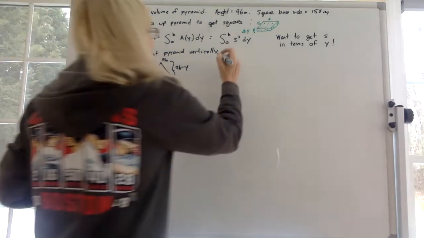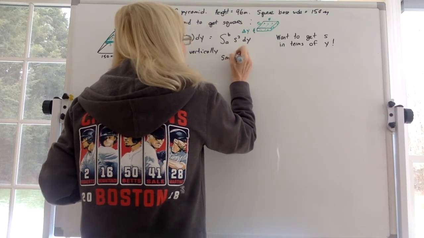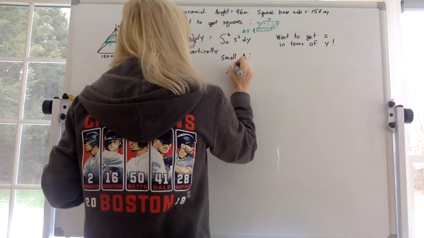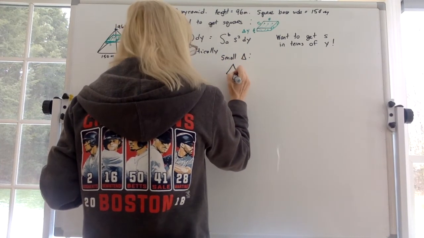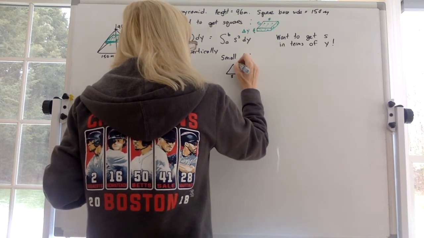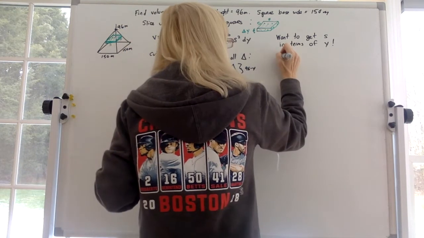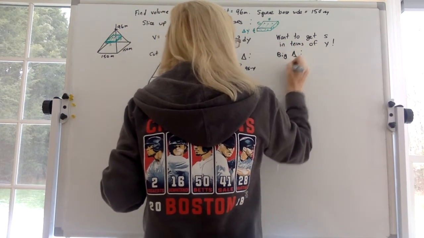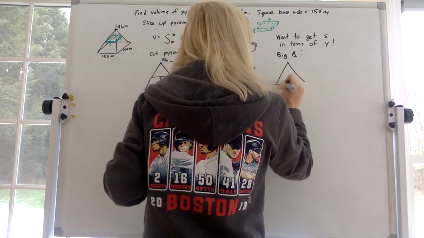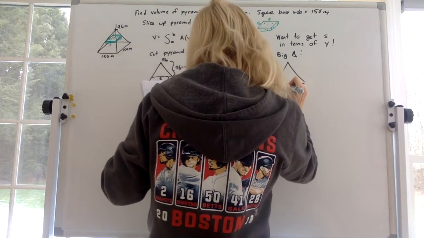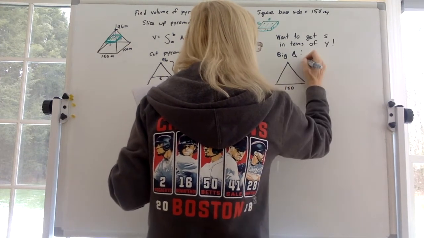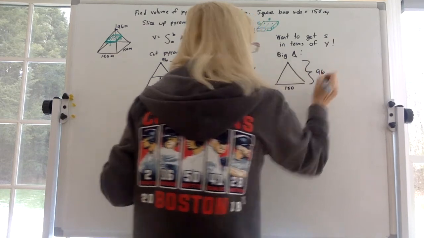So I can write the small triangle over here. It looks like this. We don't know what this is, but from here to here, it's 96 minus y. And the big triangle goes like this. We know that this is 150, and from here to here, it's 96.